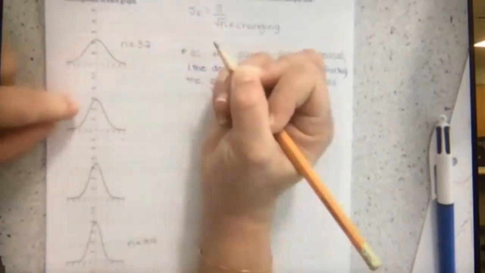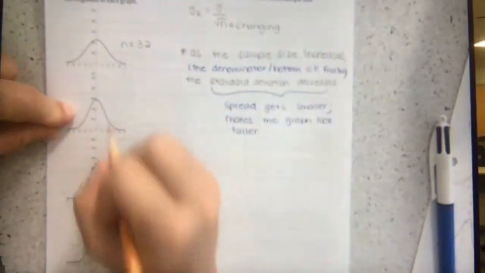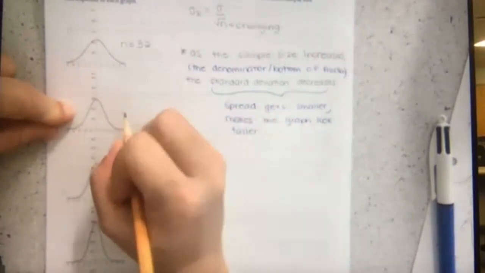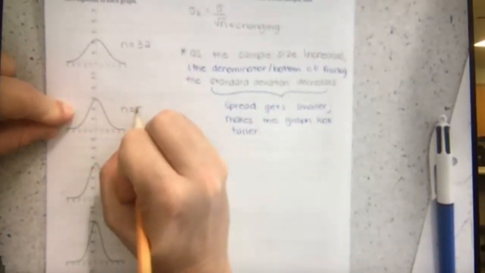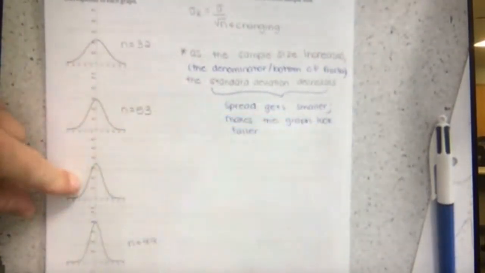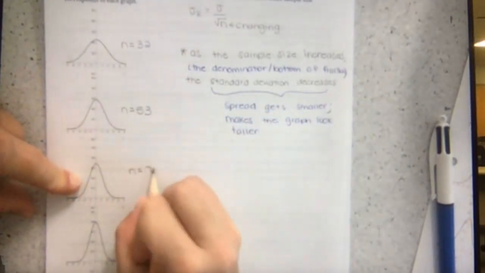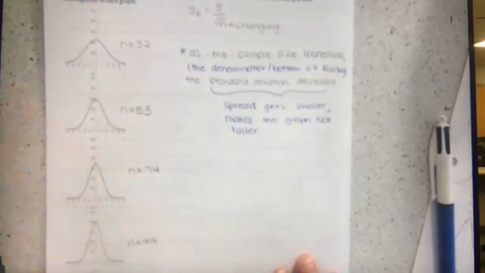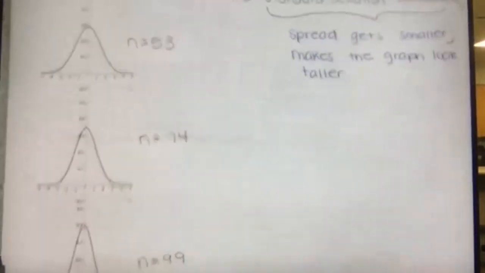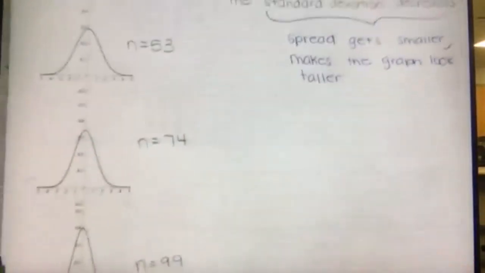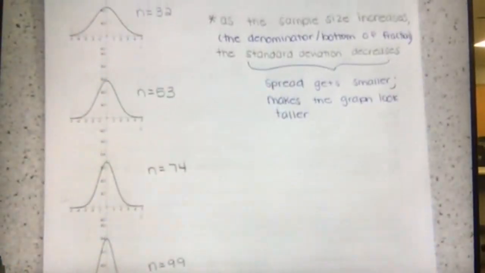So n is 32. A little bit taller, the height goes to 0.3. So it's going to be a little bit bigger. So n equals 53. Then we go to 3 point something. So a little bit bigger. So n is 74. And then our tallest one, where our height is at 0.4, is going to be n equals 99. So as that graph gets taller, we get more sample size.